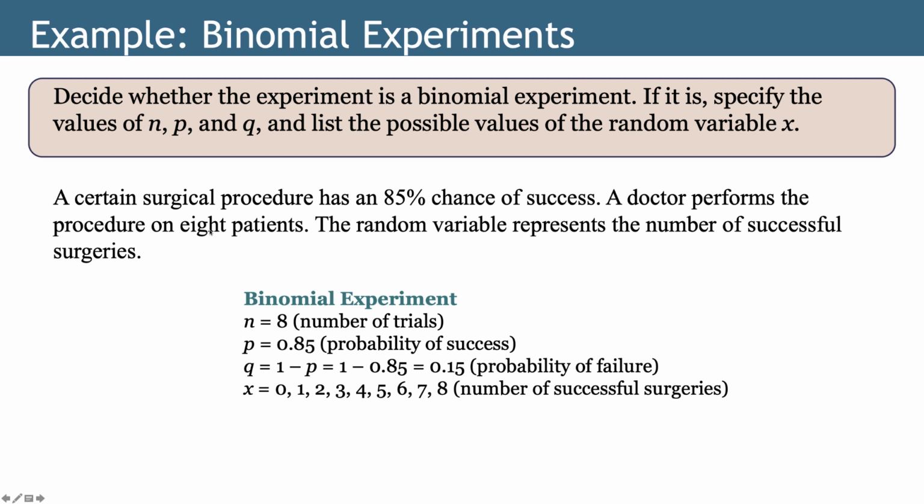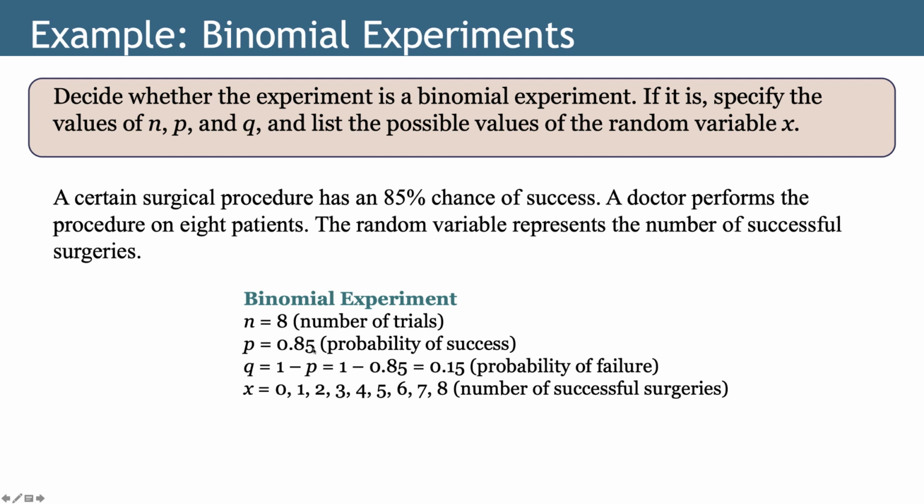Let's identify the variables for this. I have a certain surgical procedure that has an 85% chance of success. A doctor performs the procedure on 8 patients. The random variable represents the number of successful surgeries. So n is 8, that's the number of trials.